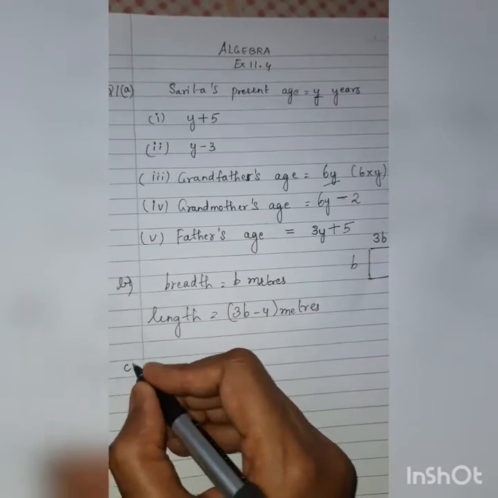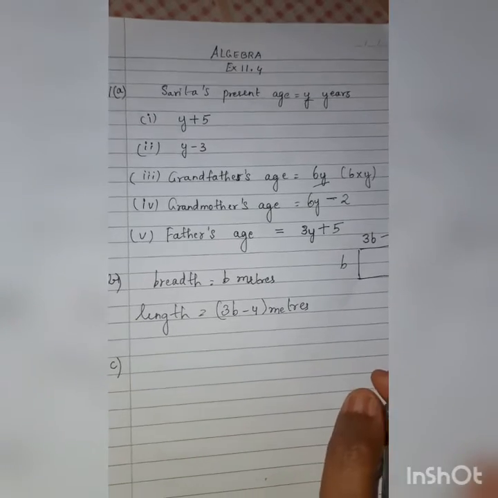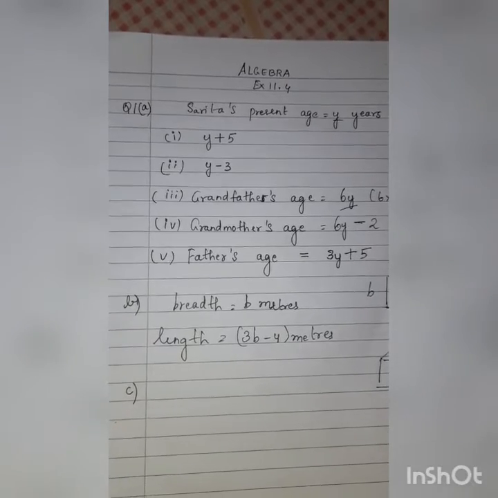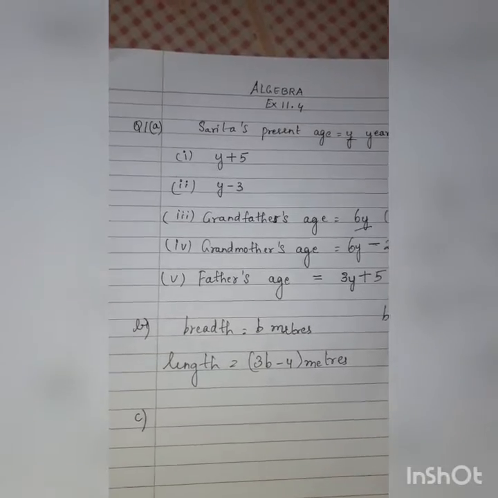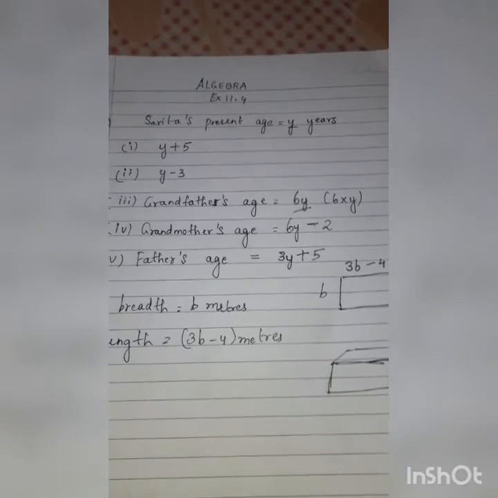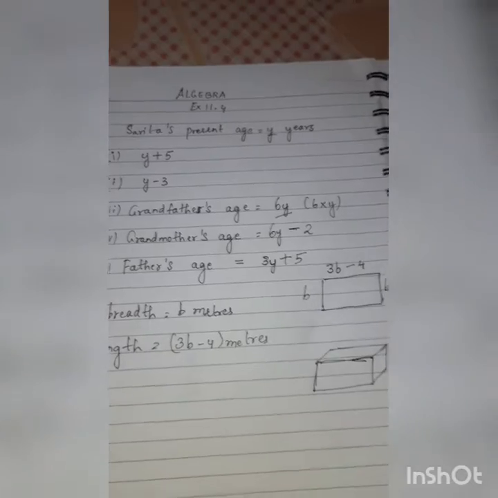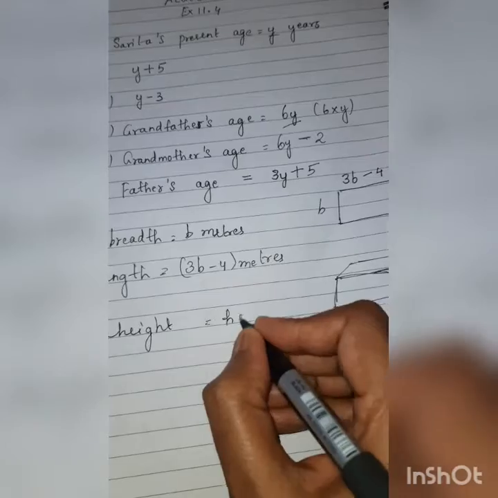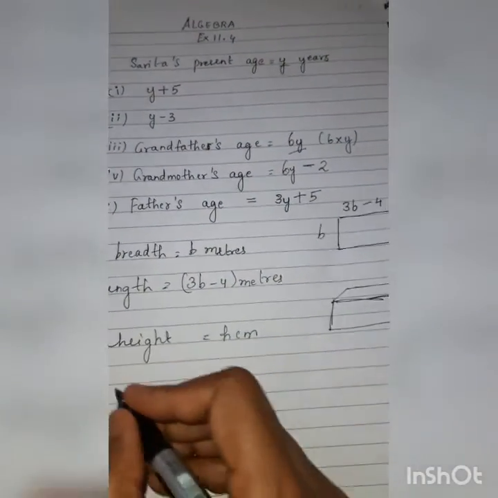Question number C. A rectangular box has a height of h centimeter. It's been given as a rectangular box, so that clearly shows it's a cuboid. Height is already given, height equal to h centimeter, and the length is 5 times the height.